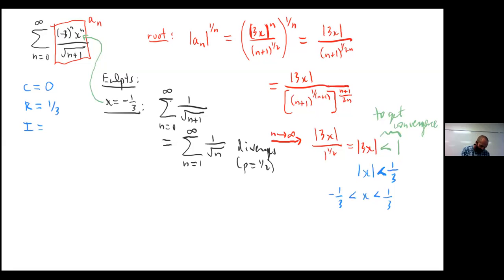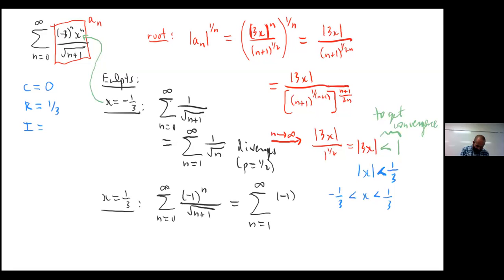What about the other endpoint? Except what happens with the minus signs this time? The 3 and the 1/3 will cancel. Yeah. Sum n equals 0 to infinity, minus 1 to the n. There's a minus 1 that survives, yes? And that's over the square root of n plus 1, which, by the way, if I were to shift this, I could say it's just n going from 1 to infinity of minus 1 to the n minus 1 over the square root of n.